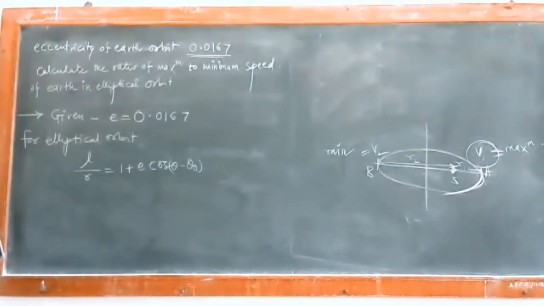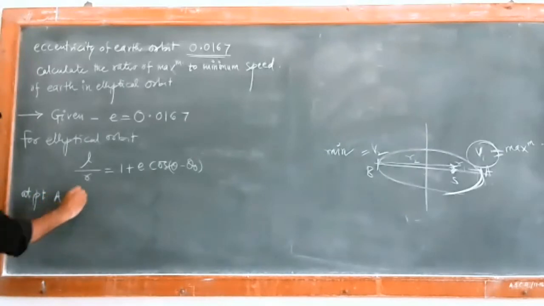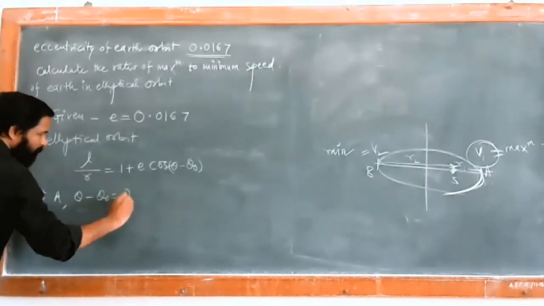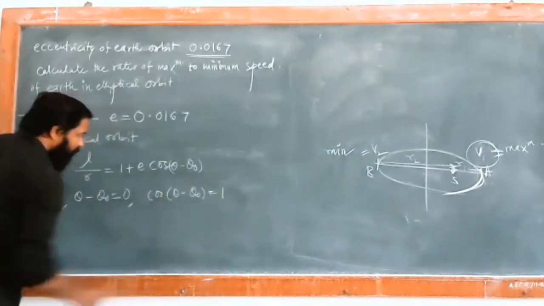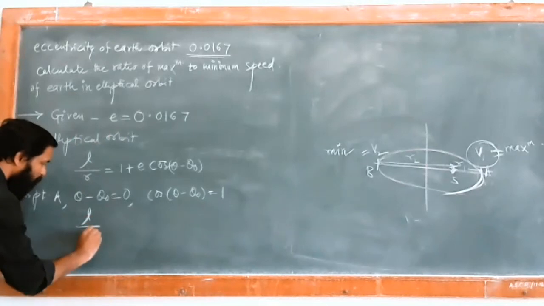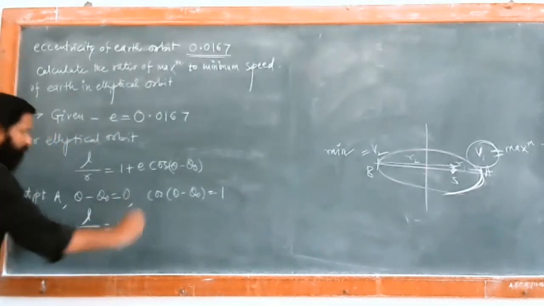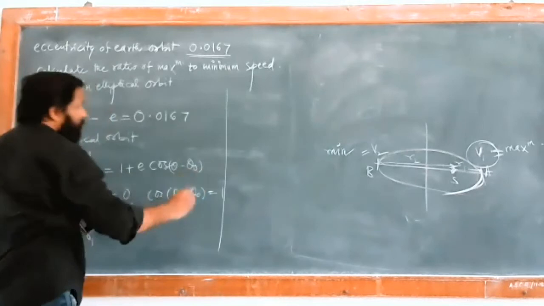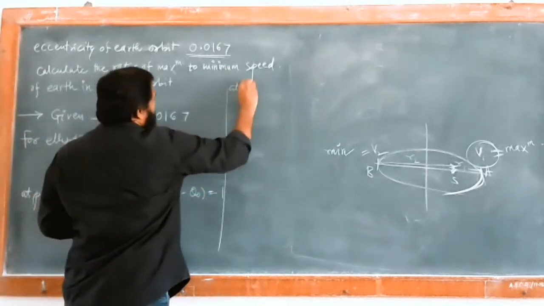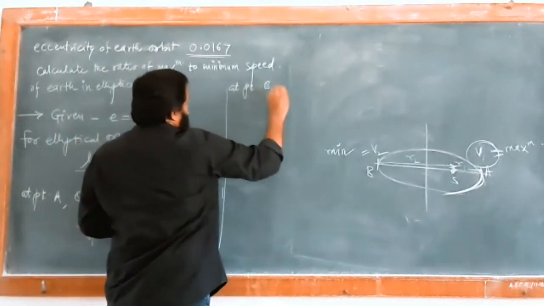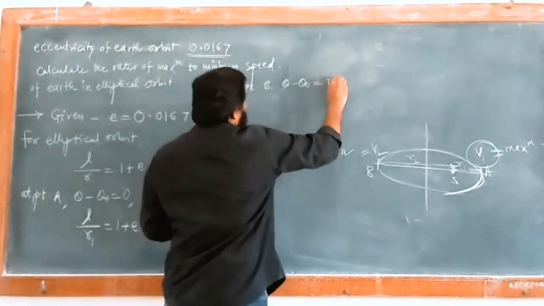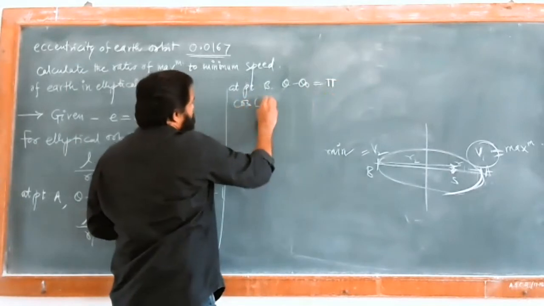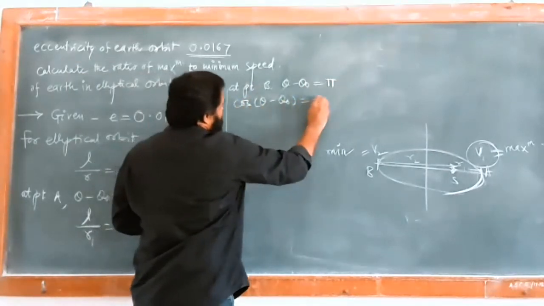So at point A, theta minus theta naught is equal to 0, and therefore cos of (theta minus theta naught) is equal to 1, so I can write L upon R1 is equal to 1 plus e. First thing. The second thing is, at point B, theta minus theta naught is equal to pi, and that's why cos of (theta minus theta naught) is equal to -1.